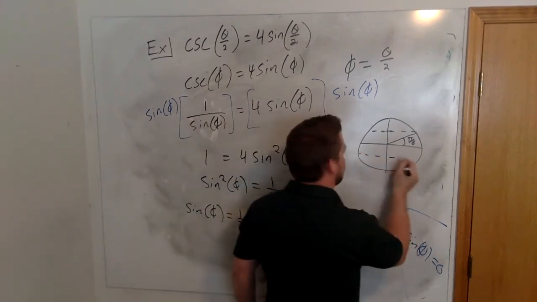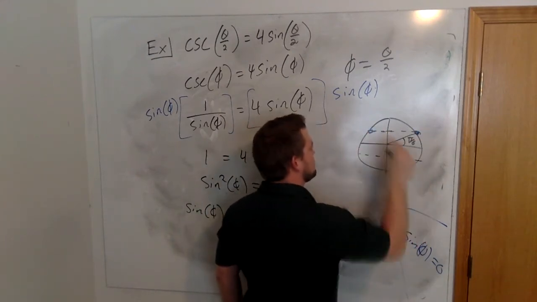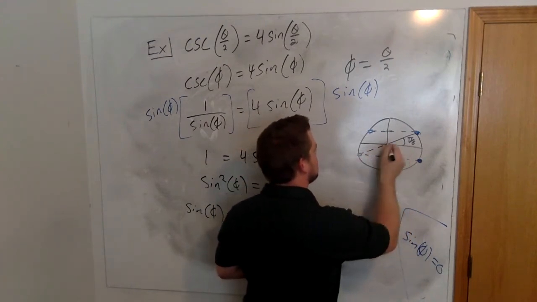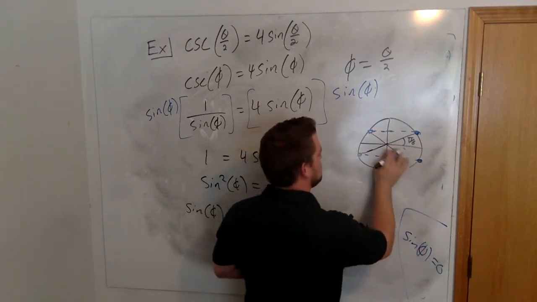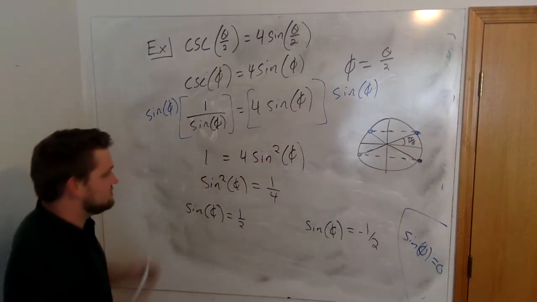So here's negative 1/2. Okay. We need this location, we need this location, we need this location, and we need this location. We need these 4 spots. Okay, so let's see here.